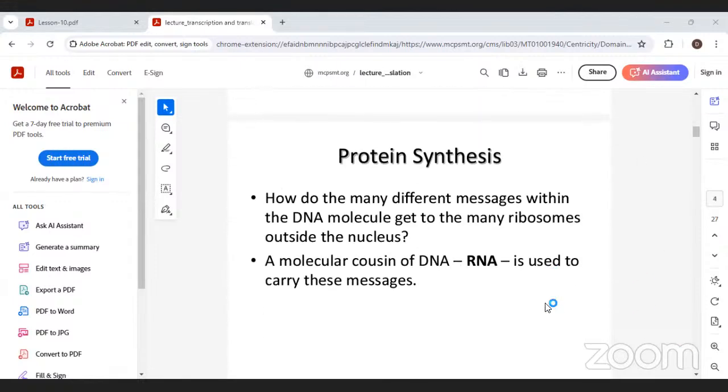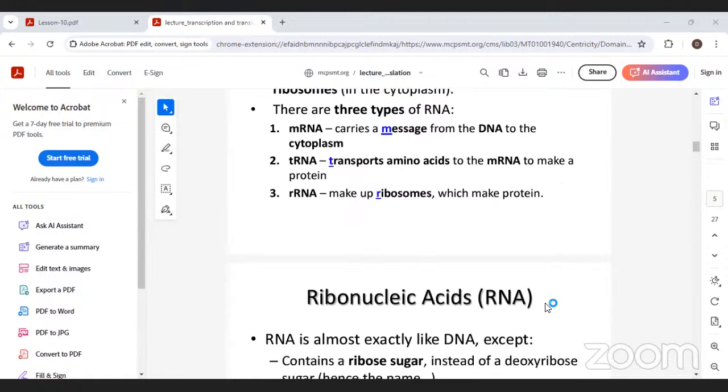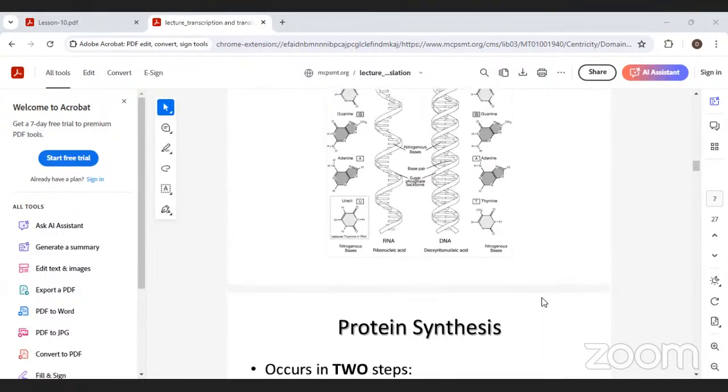In protein synthesis, how do the different messages within the DNA molecule get to the ribosomes outside the nucleus? A molecular cousin of DNA, RNA, carries these details. Ribonucleic acid, RNA, is the most important in protein synthesis.